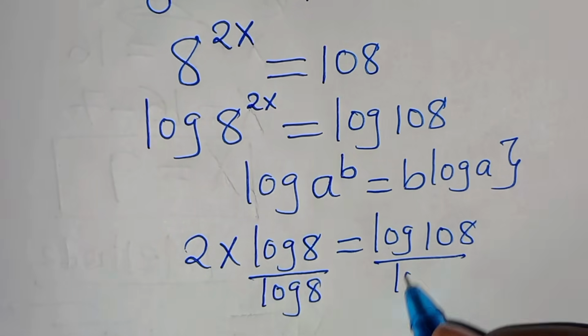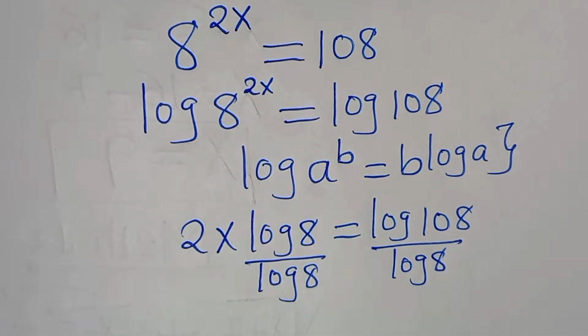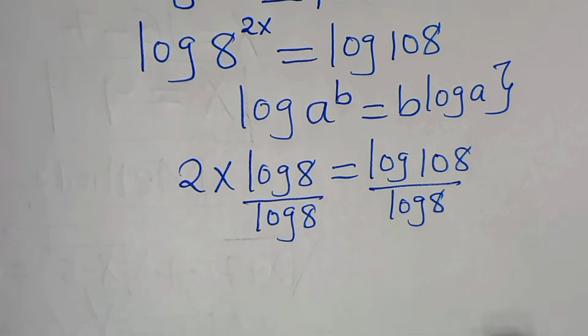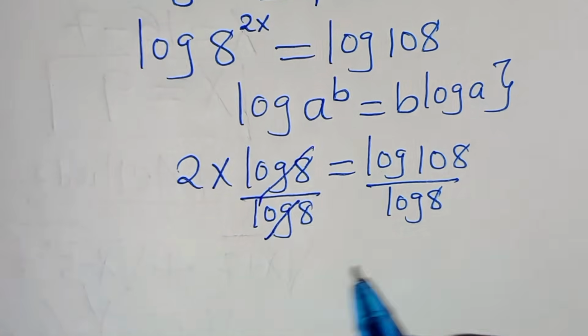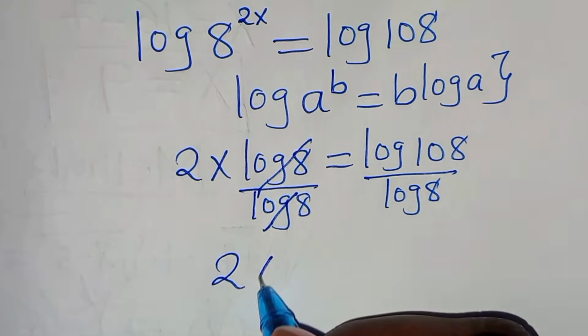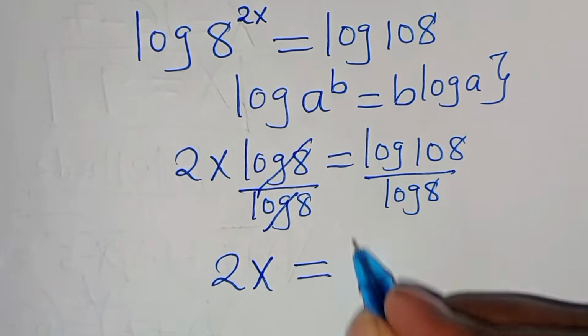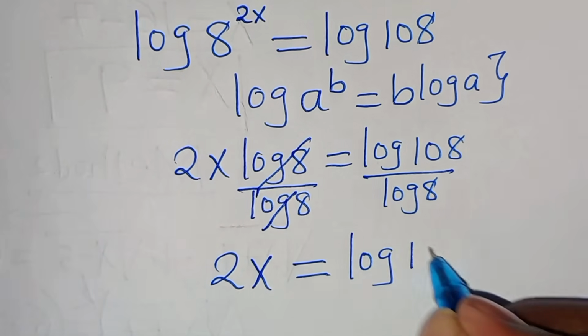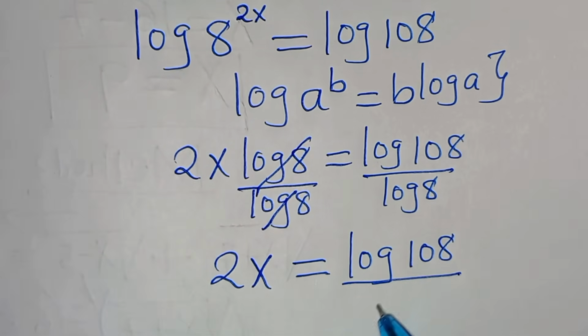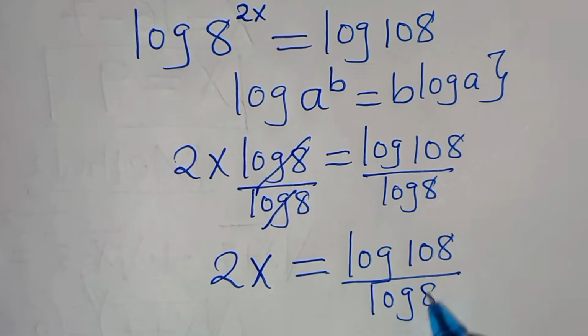Here we have log 8. Now let's simplify log 8 and log 8 here, so that we have 2x. This is equal to log 108 divided by log 8.